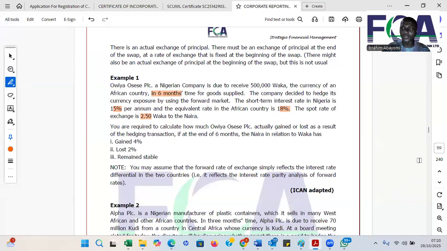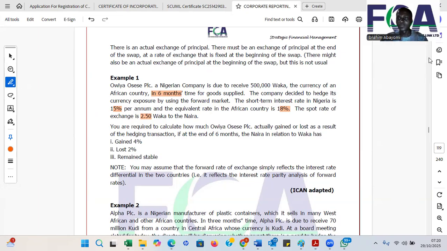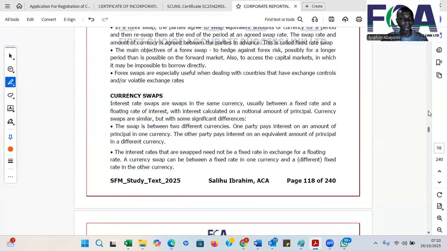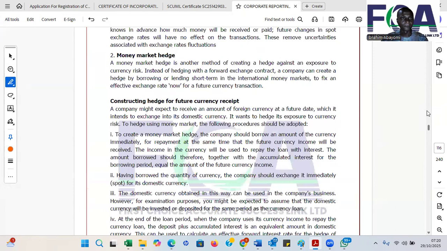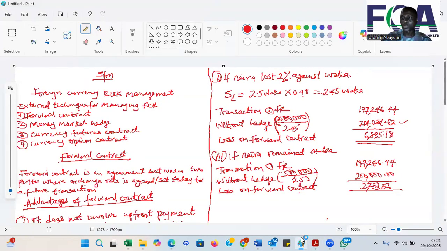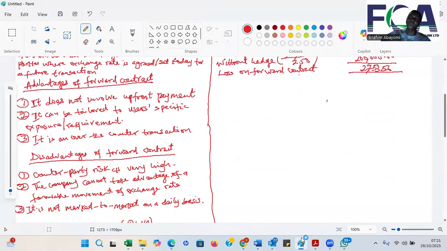Okay, let's now move on to the next hedging technique: money market hedge. Money market hedge is a hedging technique used to convert a foreign obligation to a local obligation, or a foreign receipt to a local receipt, before the transaction date.